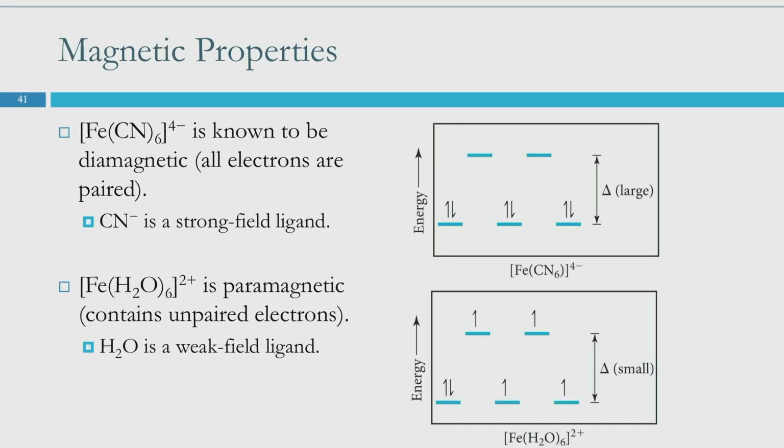So for magnetic properties, this hexacyanoferrate(II), anyway, this thing is known to be diamagnetic. Dia is 2, the 2 meaning that they're all paired. So everything's all paired up.